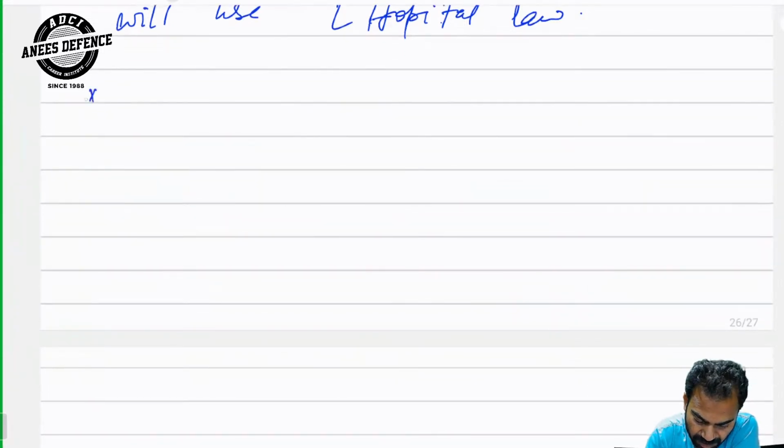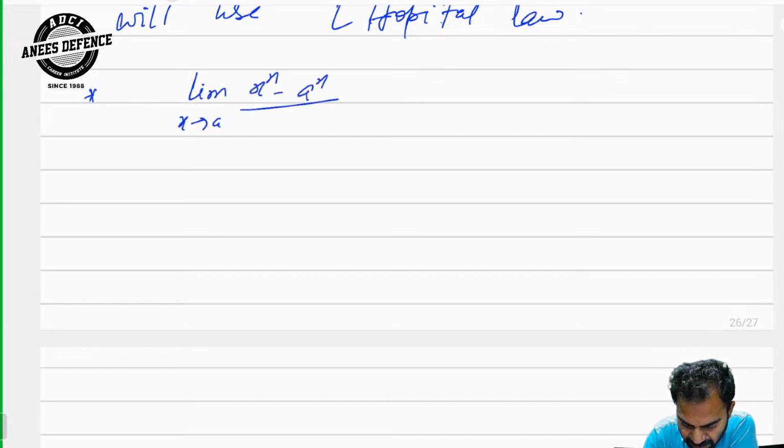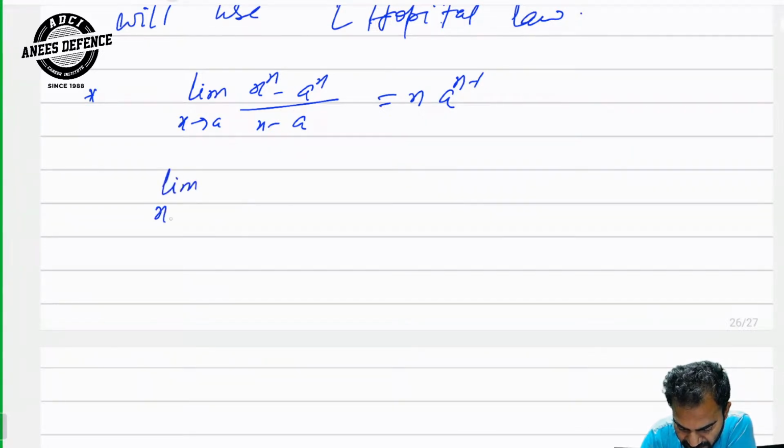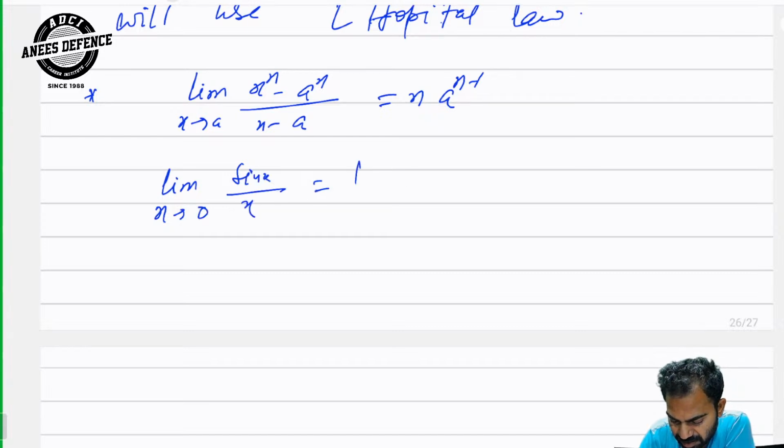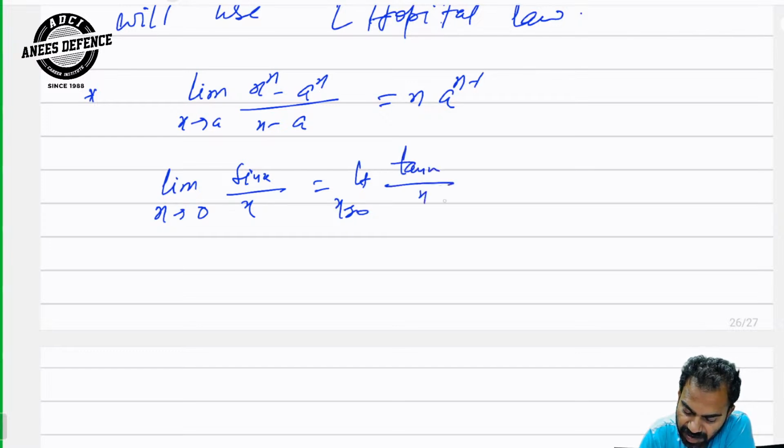Now some more formulas. Limit x tends to a, x to the power n minus a to the n upon x minus a, equals n into a to the n minus 1. Number 2, limit x tends to 0, sin x upon x equals 1.